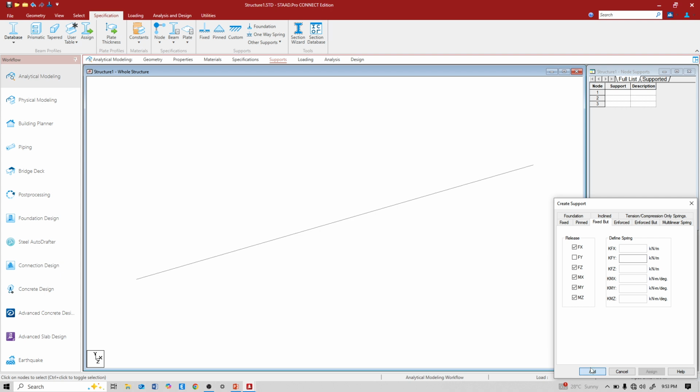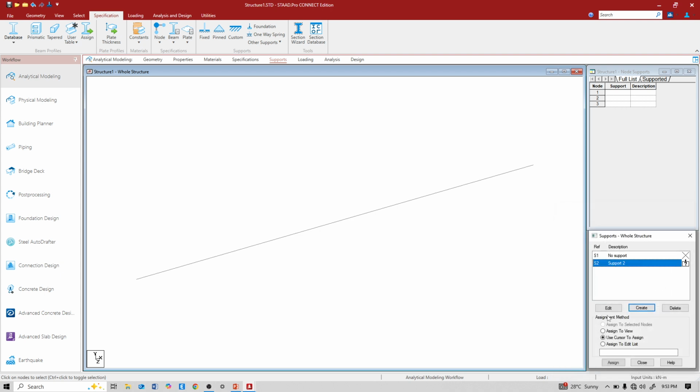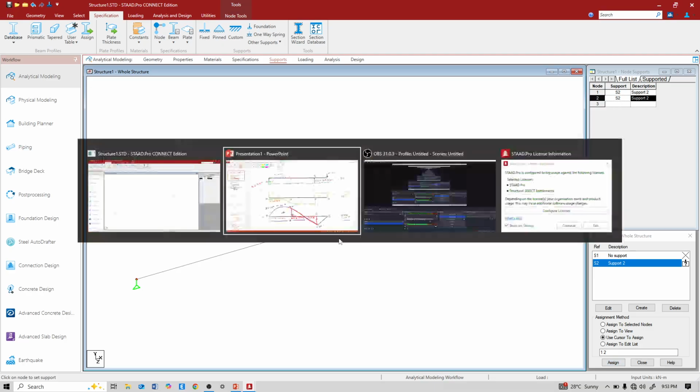All others are released. Shift K for node purpose.